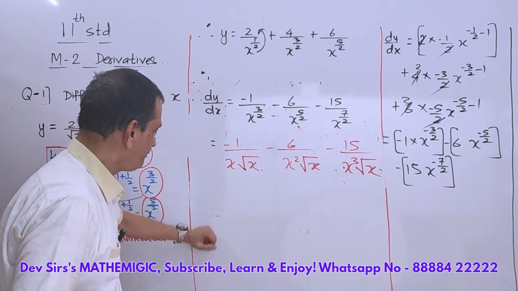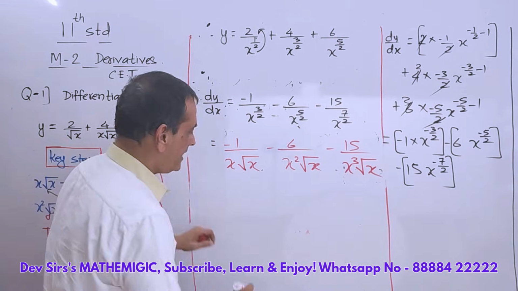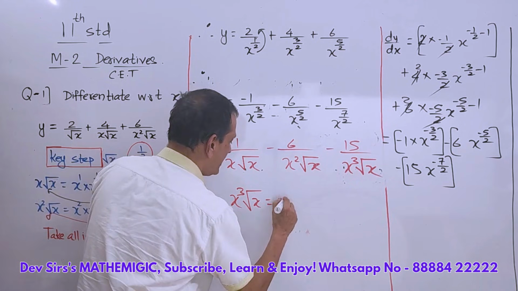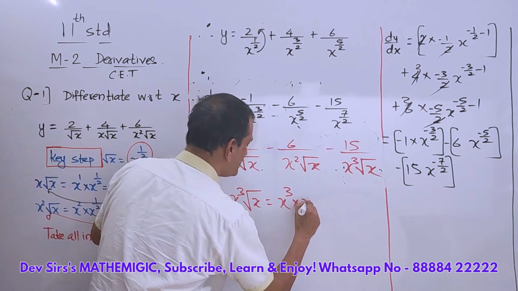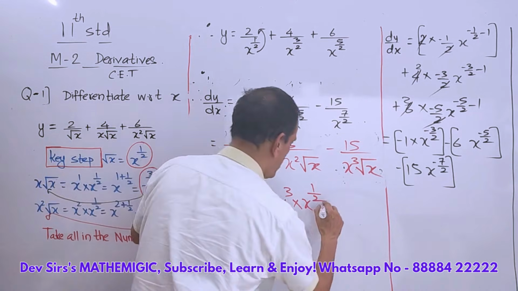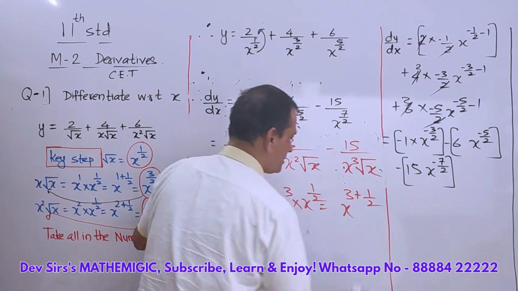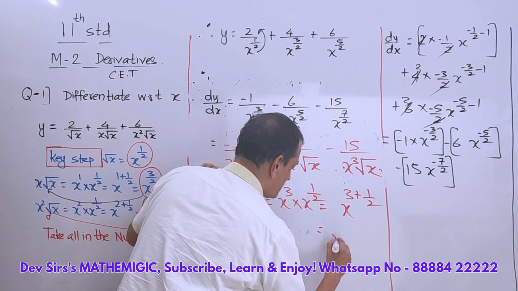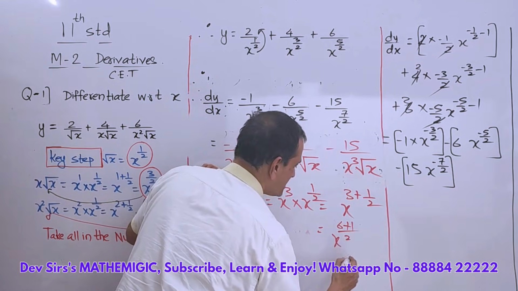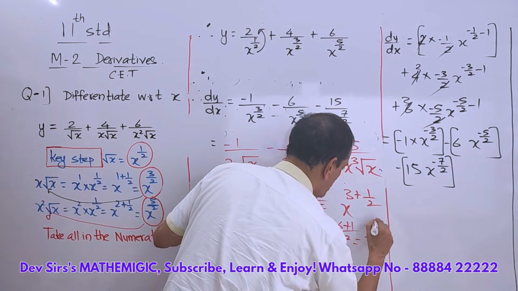So I will just show you how. See, we'll do it in reverse. x cube root x is x raised to 3 into x raised to half. Root x is x raised to half. Laws of indices: 3 plus half. 2 is the LCM. 3 into 2 is 6. 6 plus 1. x raised to 7 by 2.